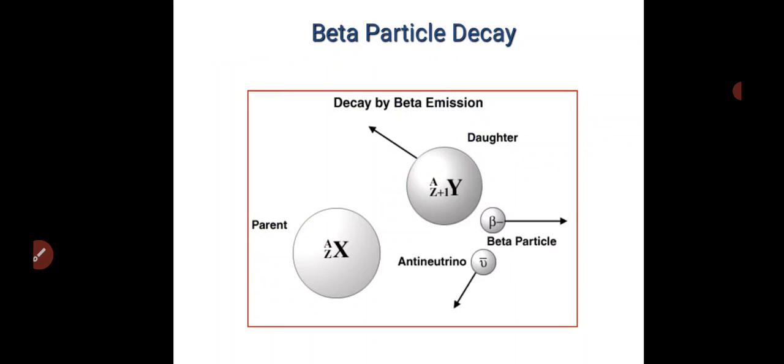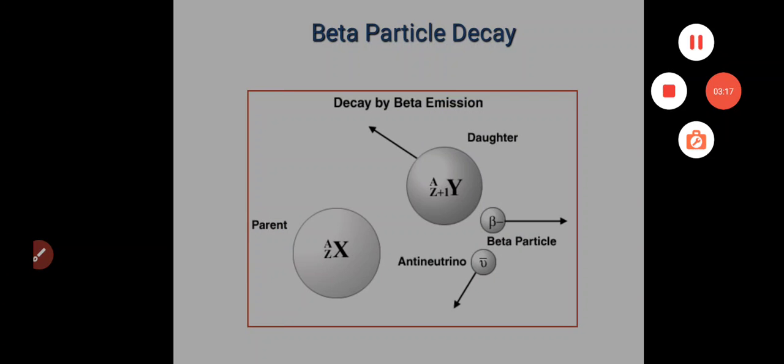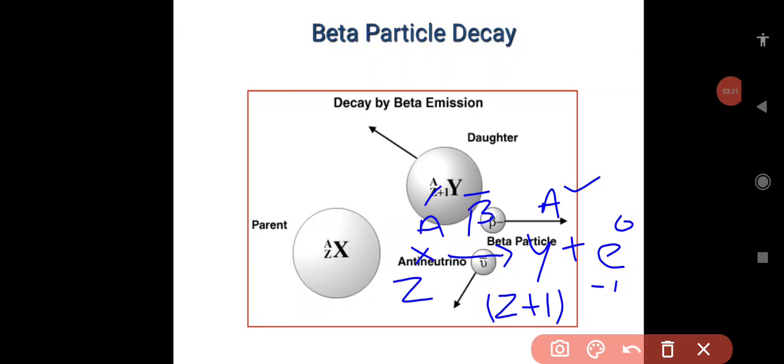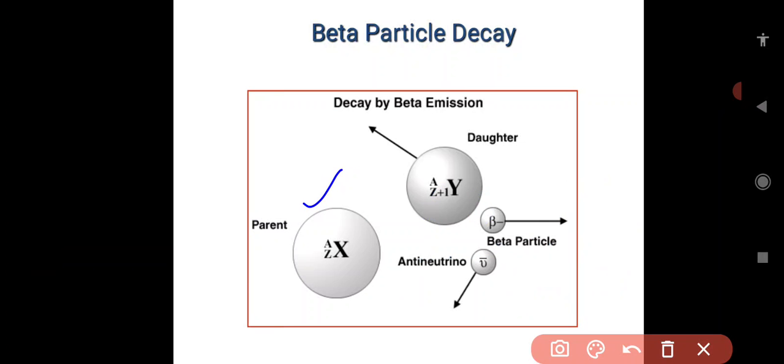See, before, in class, we have discussed disintegration from parent nuclide to daughter nuclide and daughter nuclide to end product. A tends to B, B tends to C. See, this is the parent nuclide.